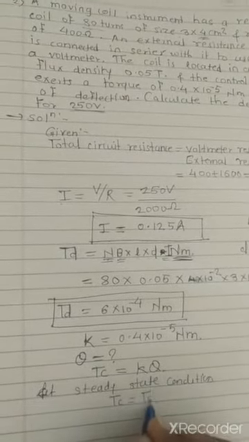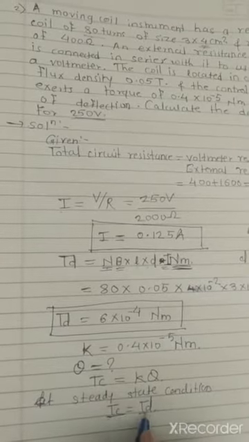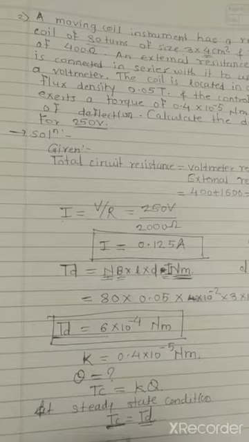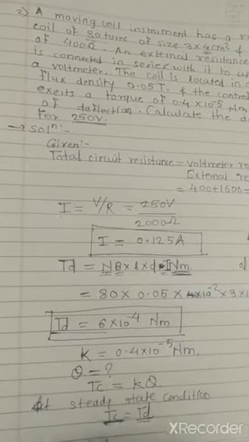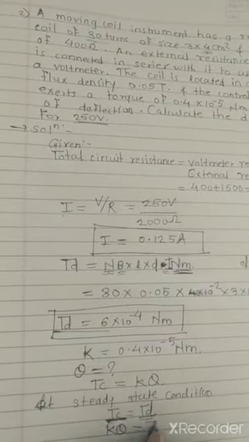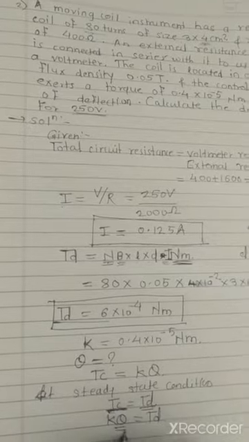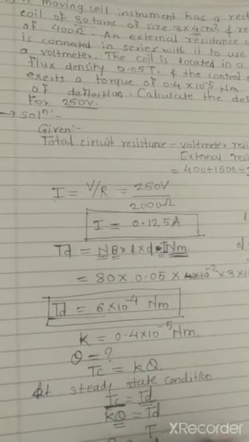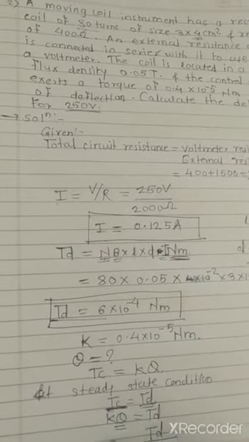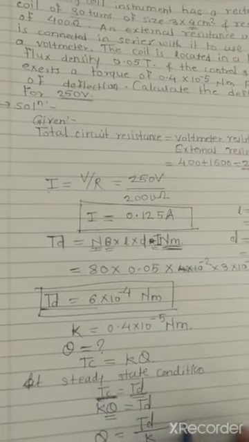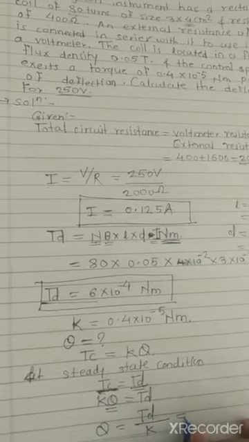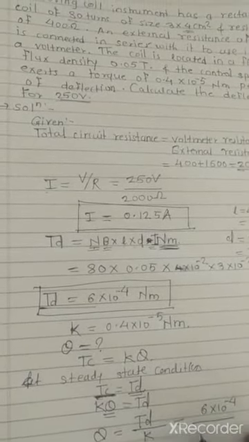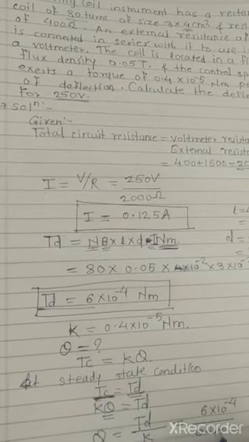So K into theta is equal to TD. We have to calculate theta, so theta is equal to TD upon K. The deflecting torque is 6 into 10 raised to power minus 4 upon the spring constant 0.4 into 10 raised to power minus 5.